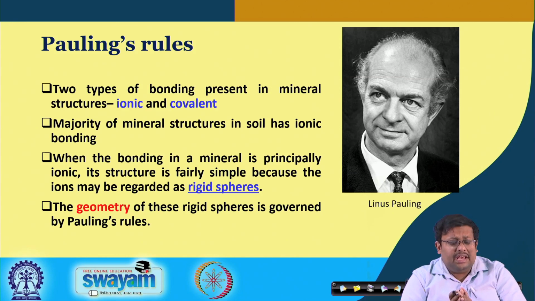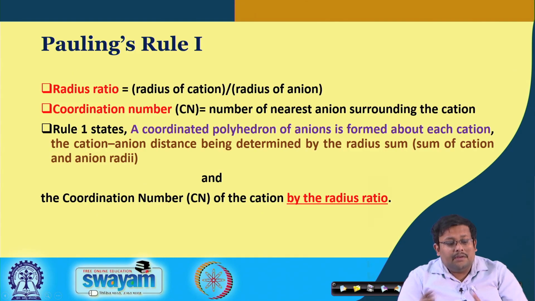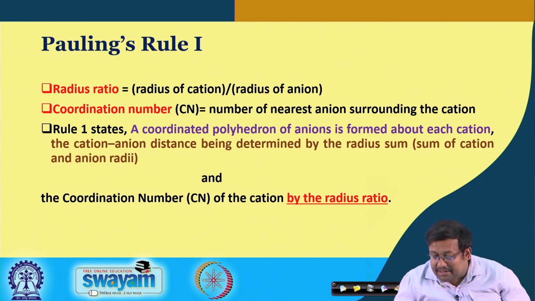And the geometry of these rigid spheres is governed by Pauling's rules. So, we will be discussing these rules. There are a couple of rules, let us talk about them one by one. Before learning about Pauling's rules, let us discuss two important things: one is radius ratio, another is coordination number.